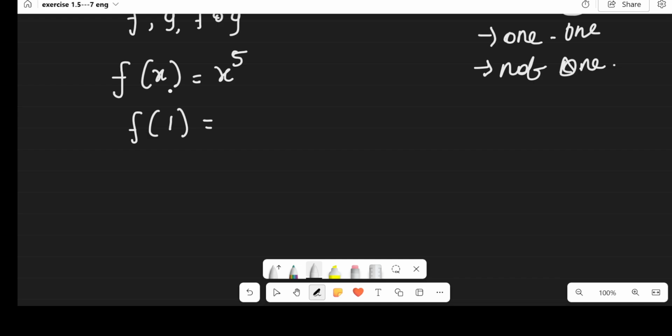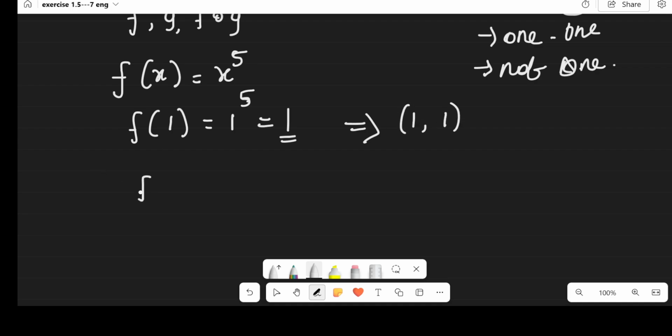If it is 1, then we get 1 power 5. 1 power 5 means the answer is 1, right? So in this case, this 1 is input and this 1 is output. So we are getting 1, 1.